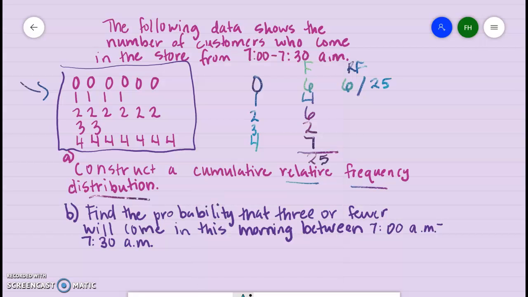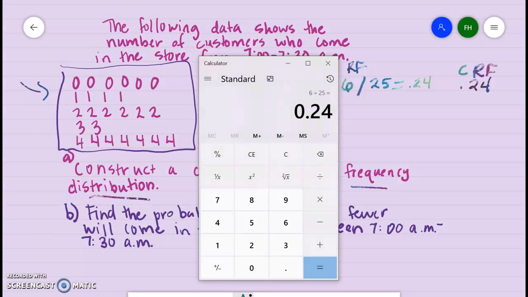And so we get 0.24 for our relative frequency. So for our cumulative relative frequency, I'm going to go ahead and put 0.24 because that is going to stay the same, the first set.